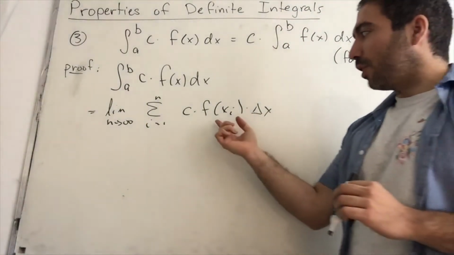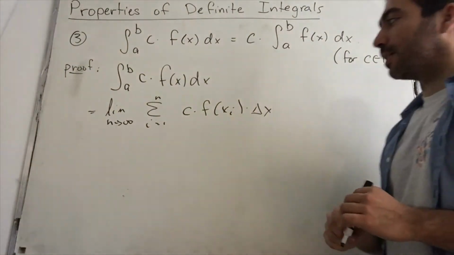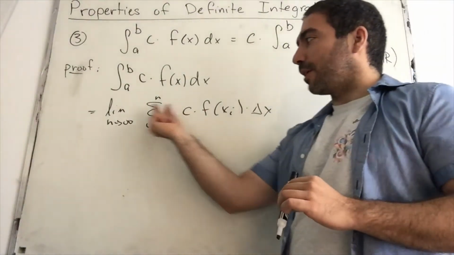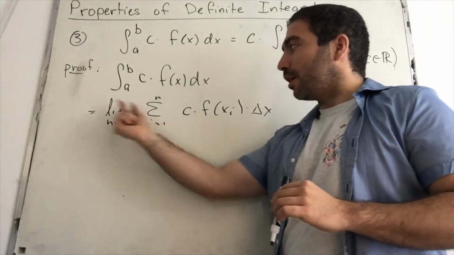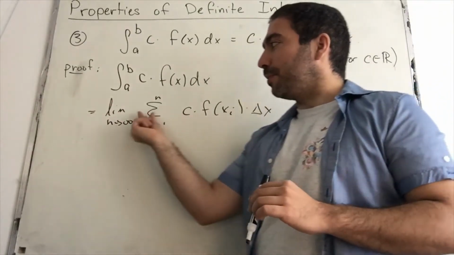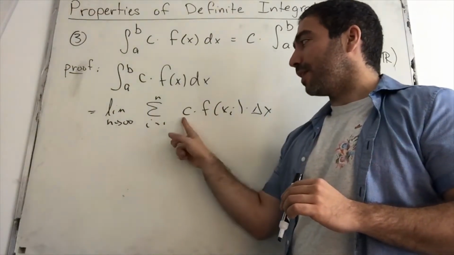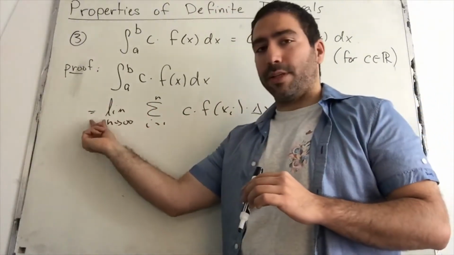If you want, you could put xi star because you could be working with sample points. It doesn't really matter. I'm just going to state it as f of xi. And again, c comes out of the sum, which we know we're allowed to do. We saw that in our summation video. And we know c could be removed from the limit because it doesn't have any n, and for the sum, it doesn't have any i. c is just a constant. We remove it twice, so instead of doing it in one step each time, I'm just going to pull it out right away.